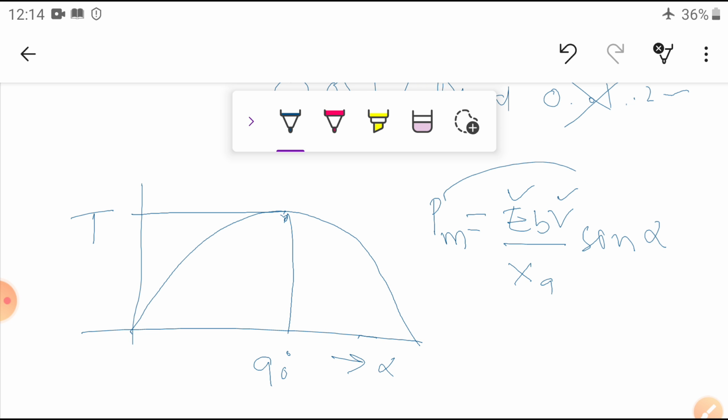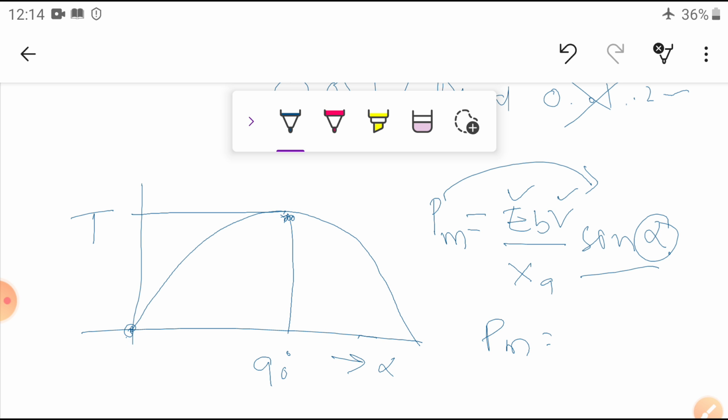The mechanical power developed is directly proportional to sine alpha. If alpha is equal to 90 degrees, PM becomes maximum. If alpha is equal to 0 at starting, the torque developed is 0 and the motor power developed is also 0.